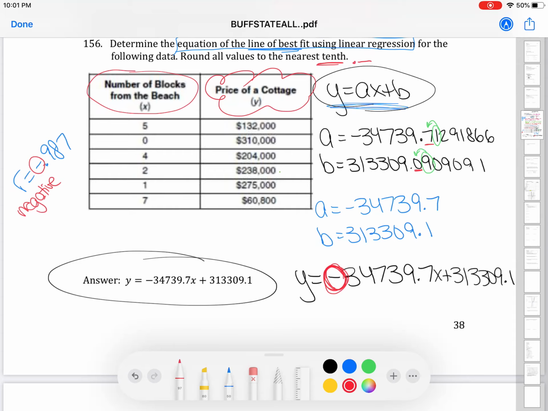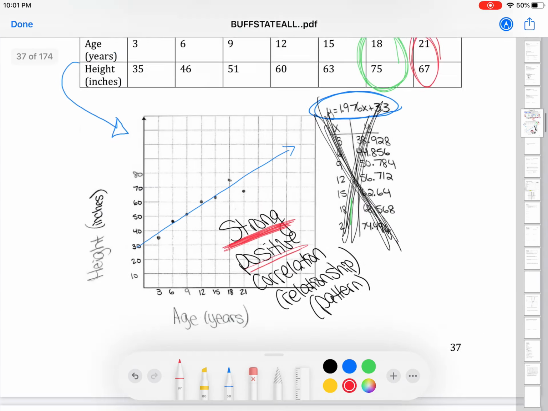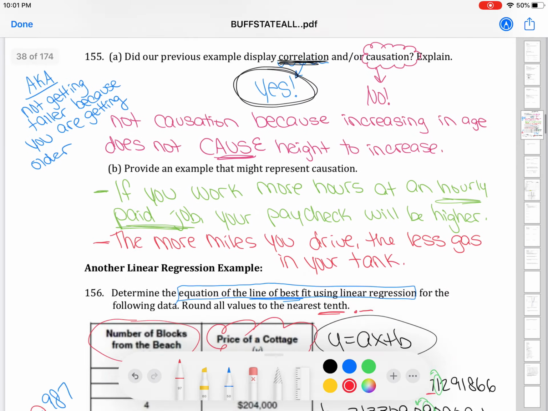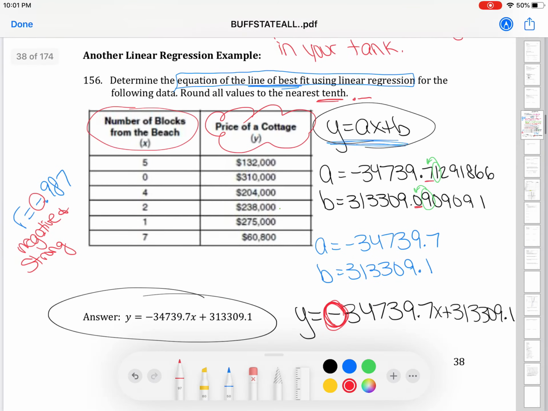And then think about it: is this one strong, moderate, or no correlation? It's certainly negative and strong because it's like 98, 99 hundredths if you round it to the nearest hundredth. That's really close to the -1 on my scale, and -1 is over here by strong and negative. So that's the whole idea for correlation coefficient.